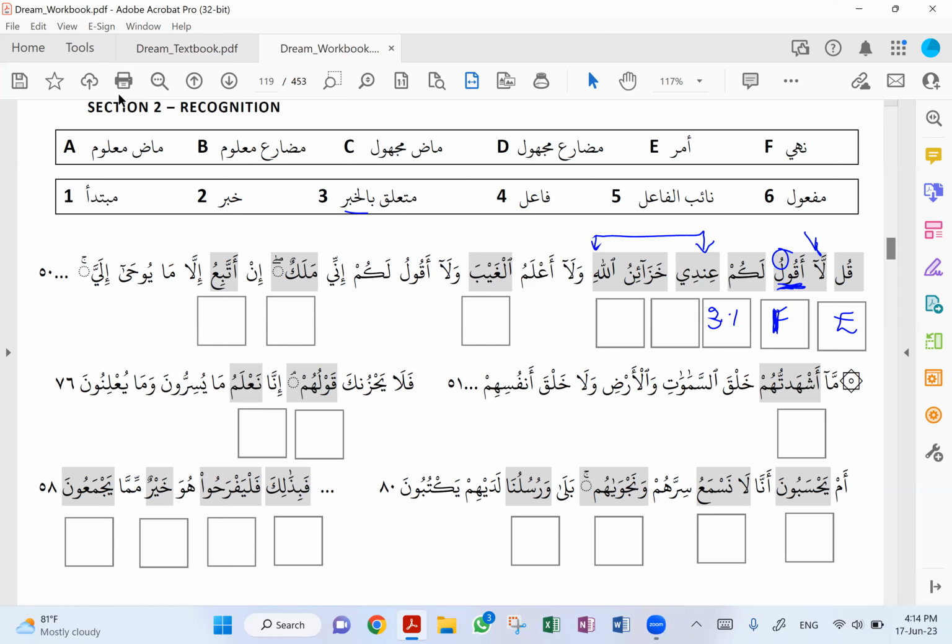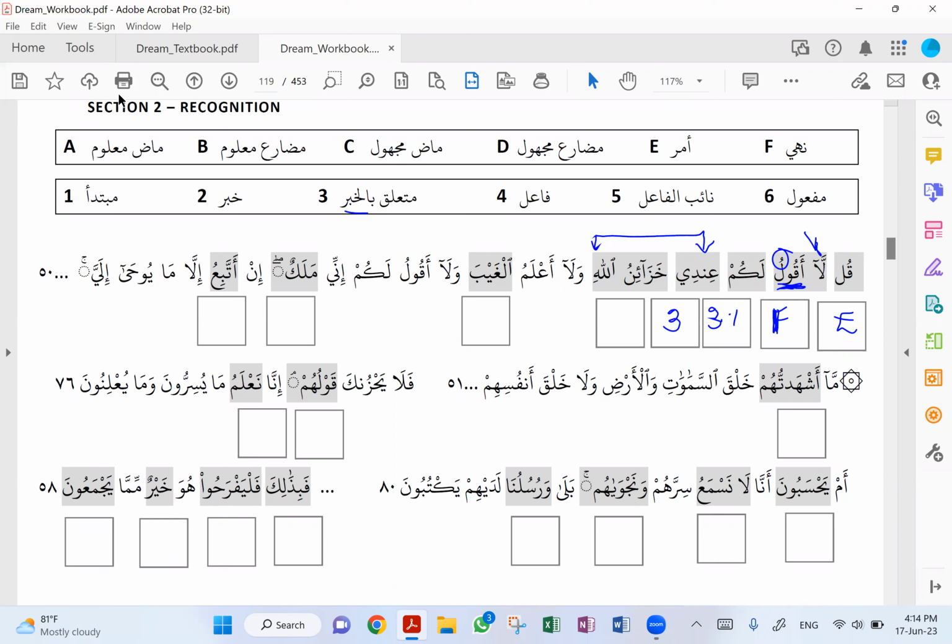So عندي would be the متعلق بالخبر مقدم, and whatever comes after it is رفع. So it looks like a مبتدا, but it's مضاف also. I'm talking about لكم, sister. Can we say that it's also متعلق بالخبر of this خزائن الله? No, لكم عندي, no.